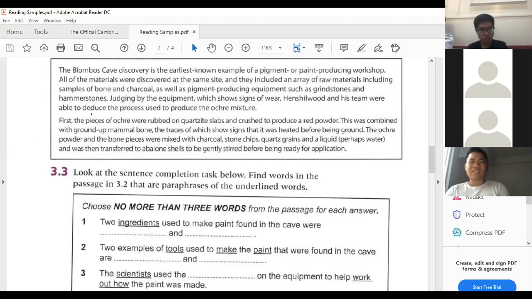Equipment taken out here. So look at this phrase down here, right here. Signs of wear. Yes, very good. So scientists use the signs of wear. Signs of wear come from equipment. See? The equipment which shows signs of wear. So the scientists use signs of wear to work out how paint was made. Very easy. It's short, okay. Let's go to the last question before we run out of time.